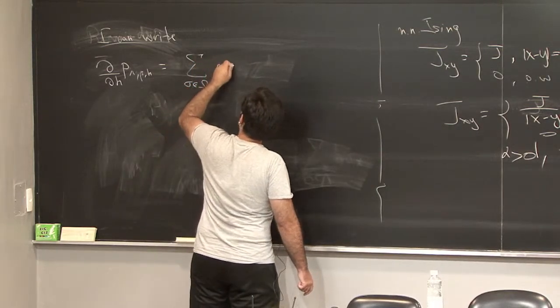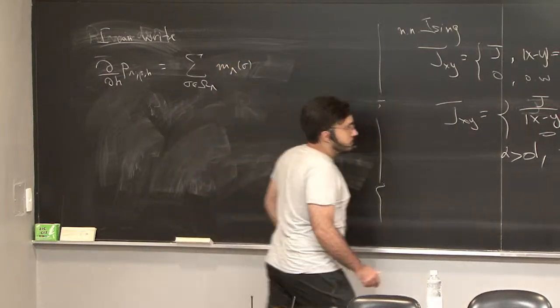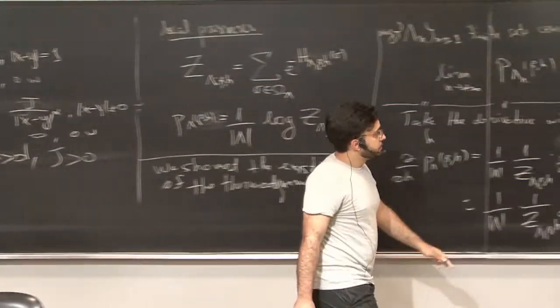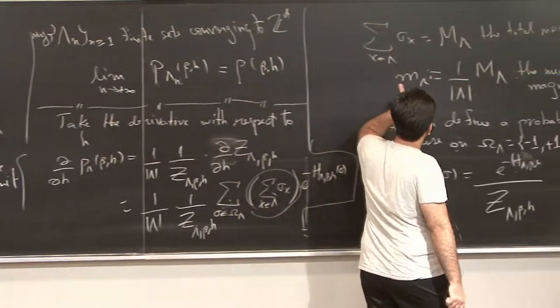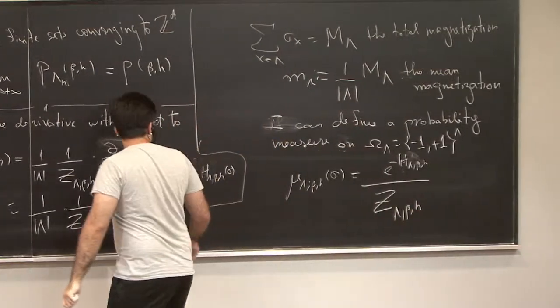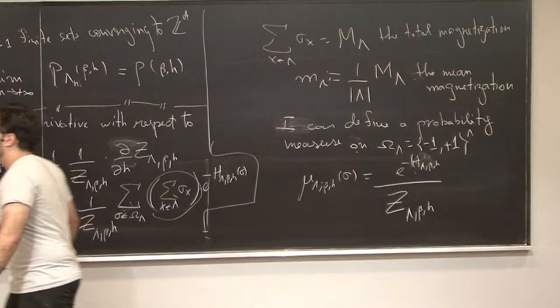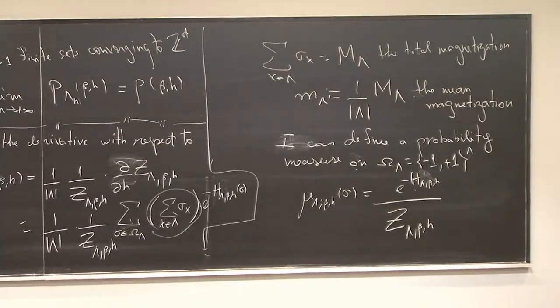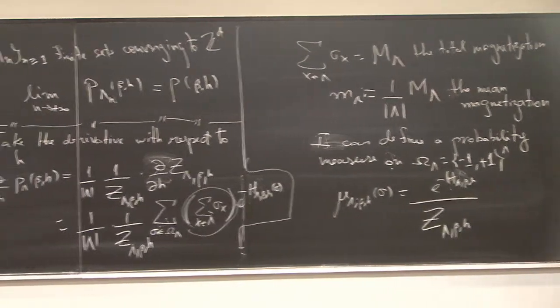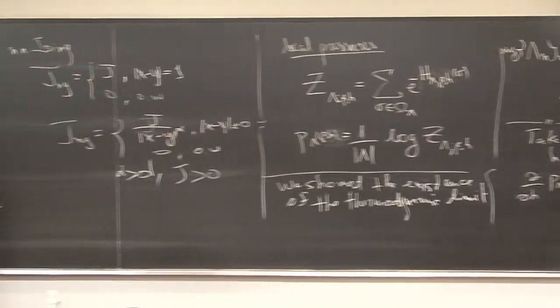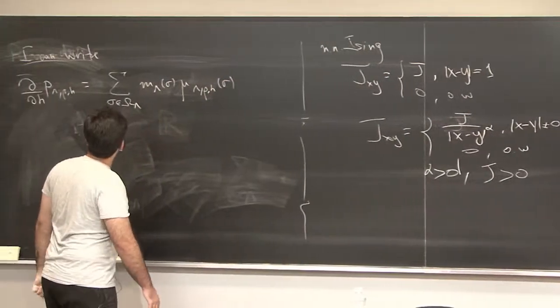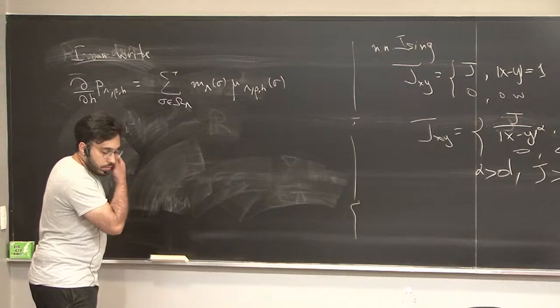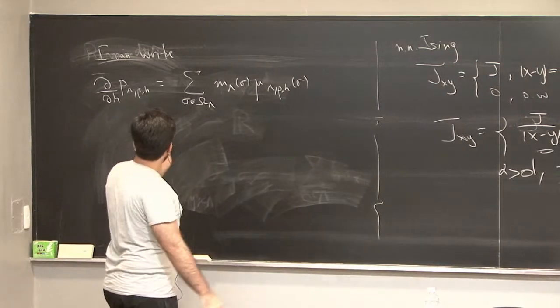Of the mean magnetization, this quantity right here, with respect to this weight given by this probability measure. Beta h sigma. Okay, so from now on, we will introduce a notation for quantities like this.